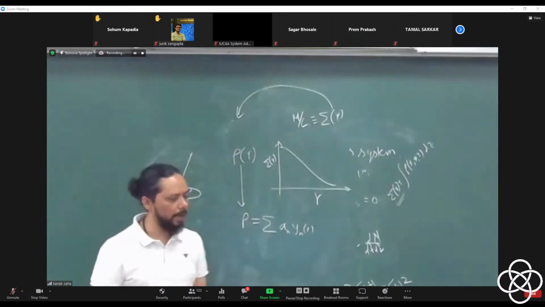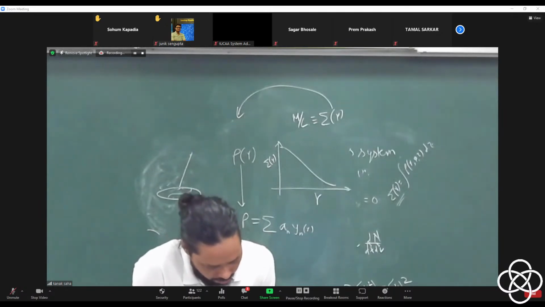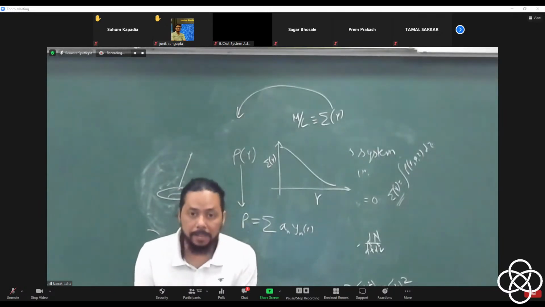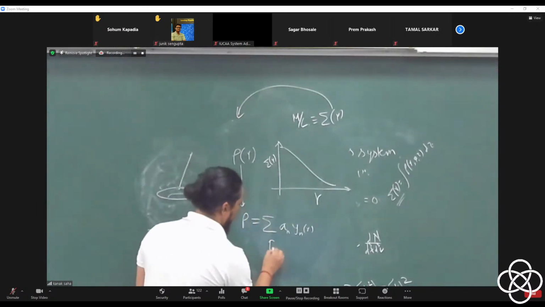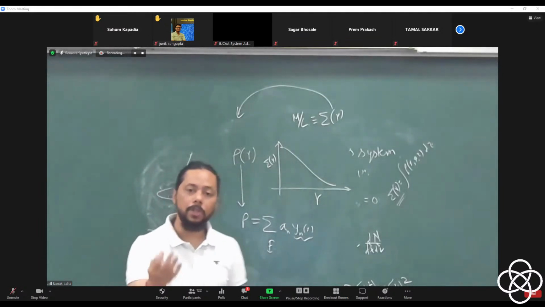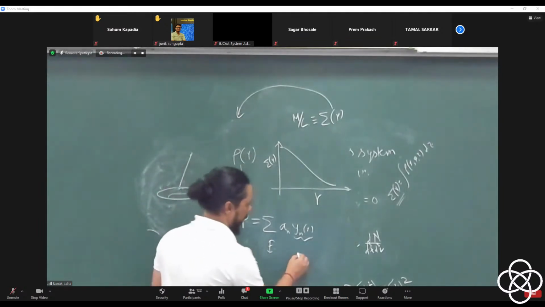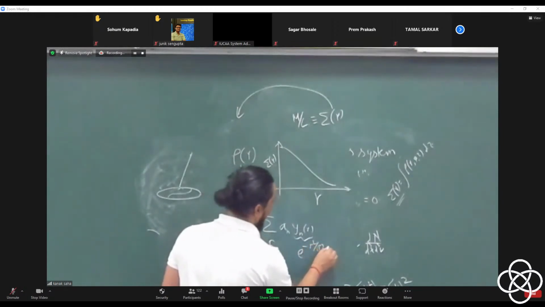One of the basis functions that has been used in galaxies, particularly in elliptical galaxies, is the Gaussian function, for example, something like exponential of minus r squared by sigma squared.